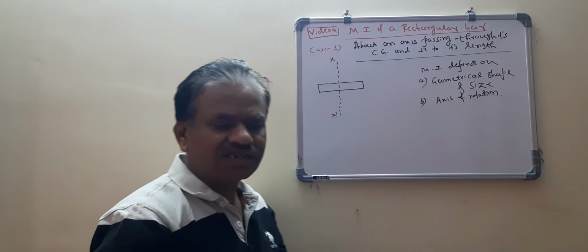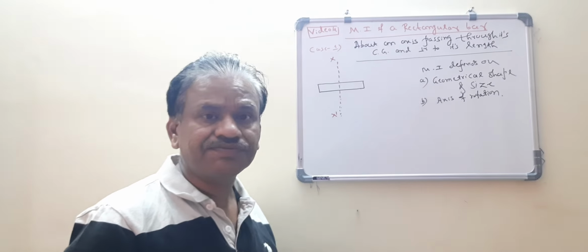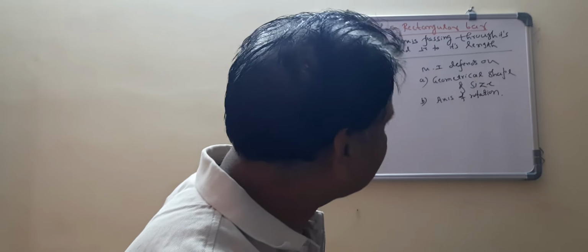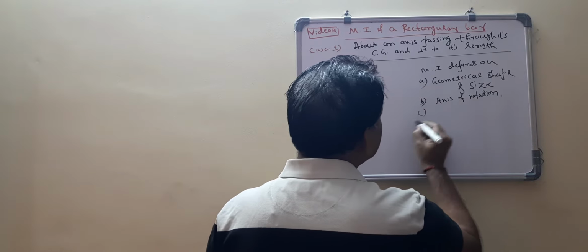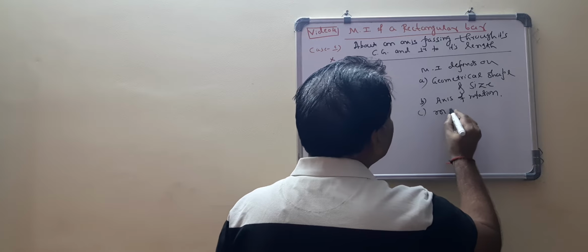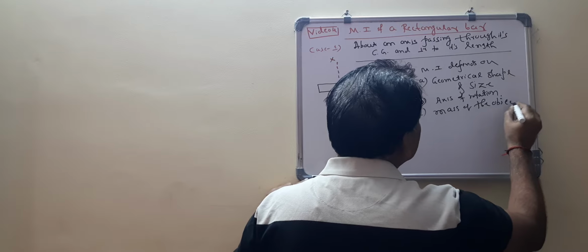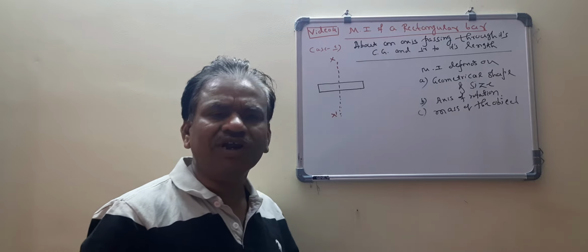These are examples of the axis of rotation. Third, it depends upon the mass distribution or mass of the object. These are the things on which the moment of inertia depends.